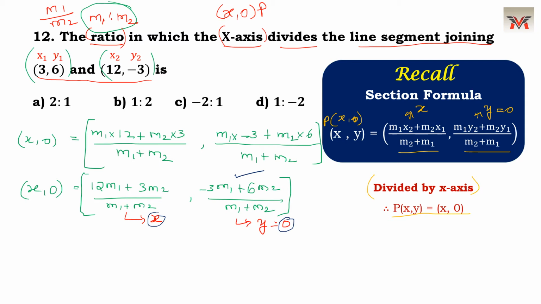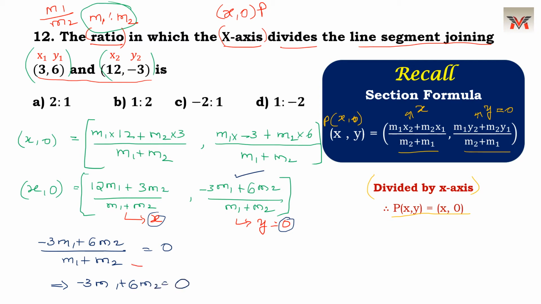(-3 m1 + 6 m2) divided by (m1 + m2) is equal to 0. This implies that -3 m1 + 6 m2 is equal to 0. Why does it become 0?